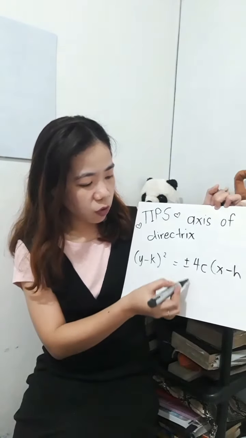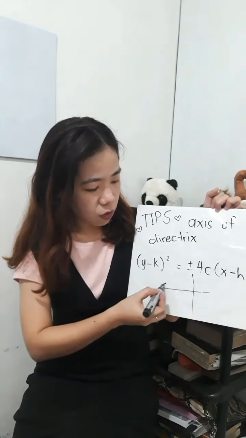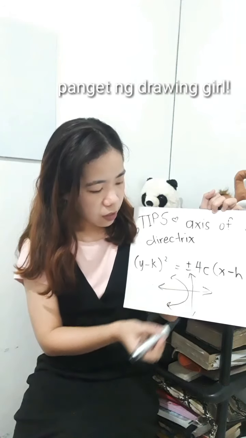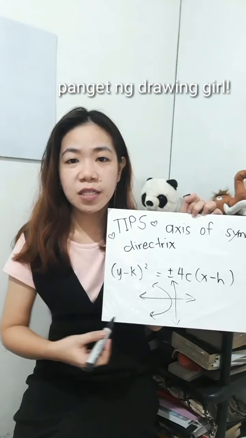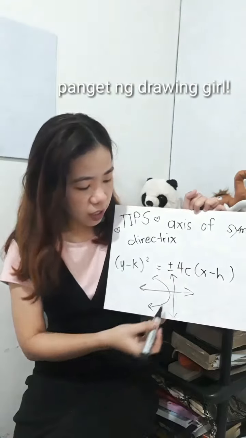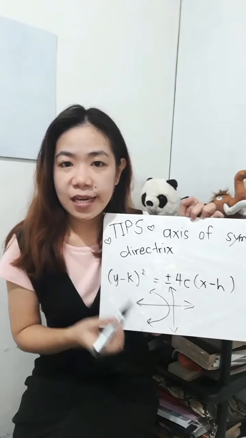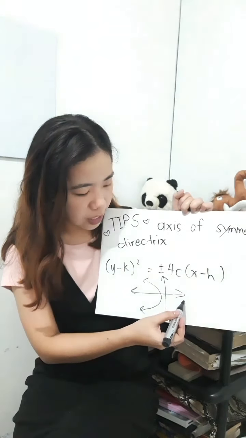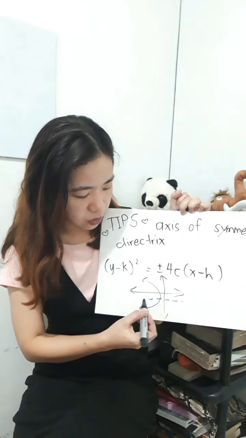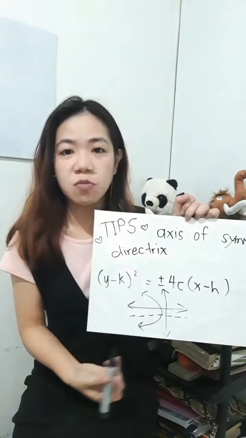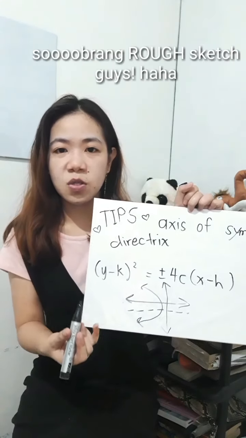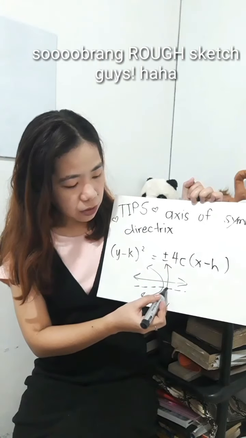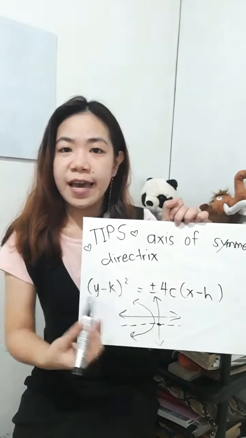So since this one opens to the left or to the right, let's say it opens to the left, the axis of symmetry could be the x-axis itself, or it is parallel to the x-axis. That means to say, if it's parallel with the x-axis, let's say this is the axis of symmetry, I'm just using broken lines for the rough sketch, sorry it's not straight, and it will pass through the y-axis.